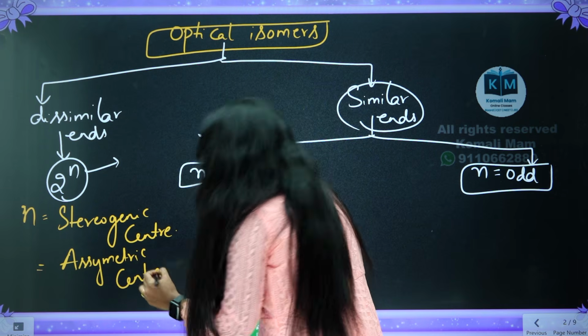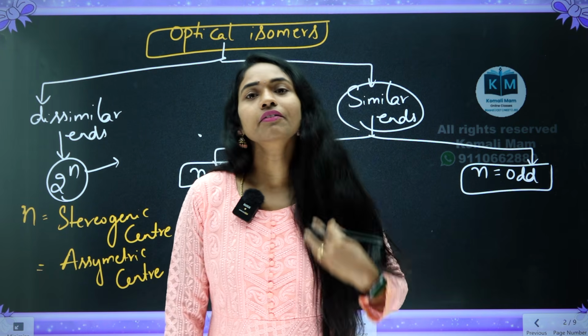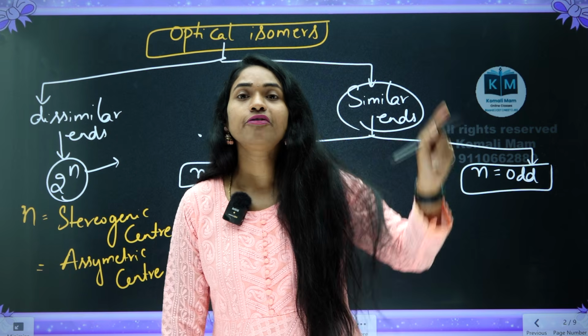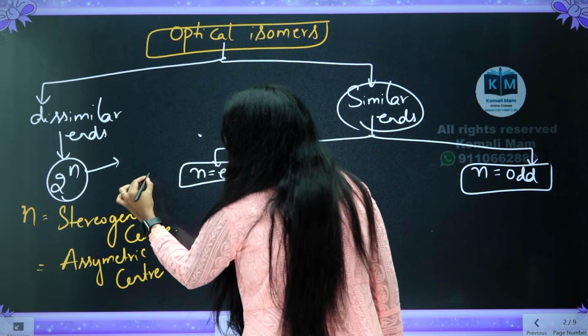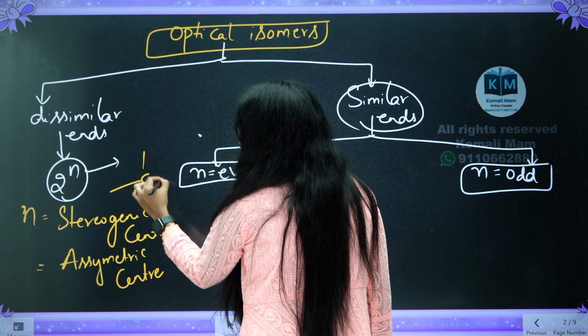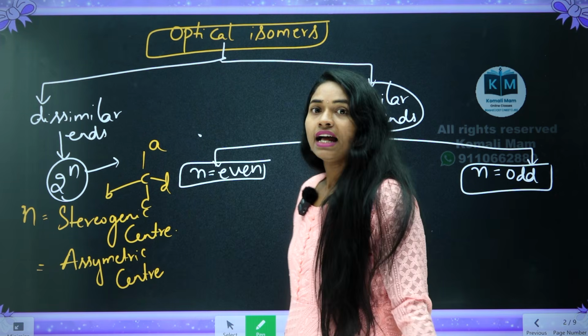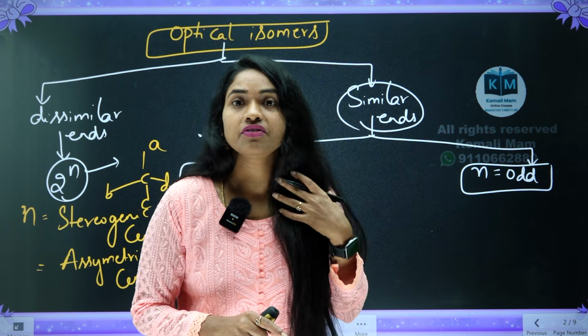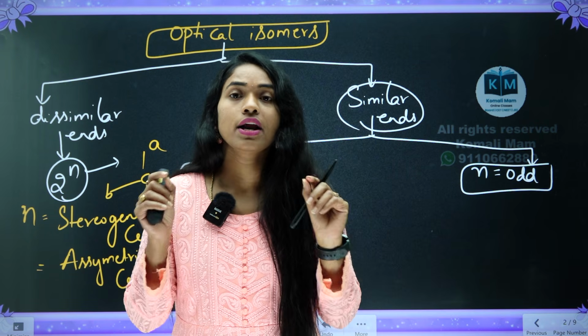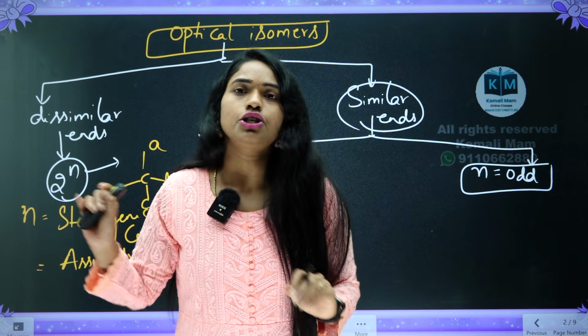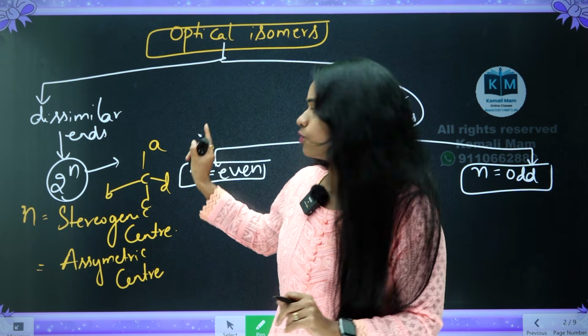What is this chiral center? Carbon which is surrounded by 4 different groups, A, B, C, D. That carbon we call chiral carbon or asymmetric carbon or stereogenic center in optical isomers.